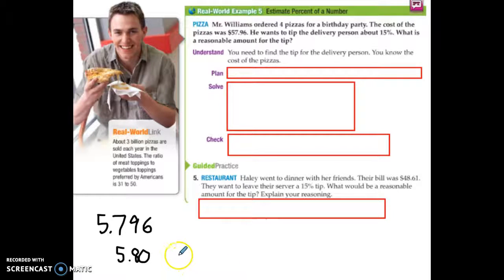What's half of 5.8? 2.9. Guess what? If I add those together, add my 10% plus my 5% together, that gives me 15%. There's my total tip. $8.70.